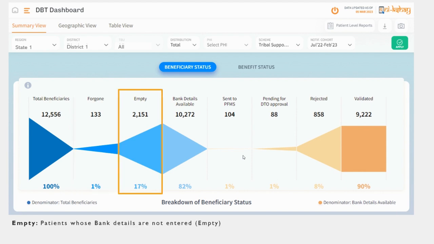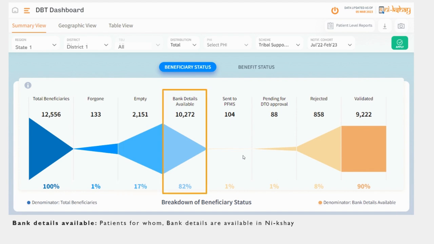For 2,151 patients, that is, 17% of the total cases, the bank details are not entered. Once the bank details are entered, incentives under both the NPY scheme and the tribal scheme can be paid to these beneficiaries.